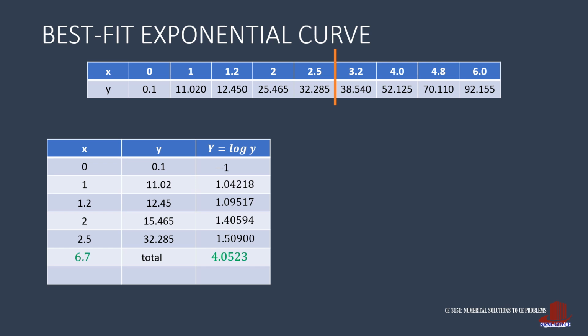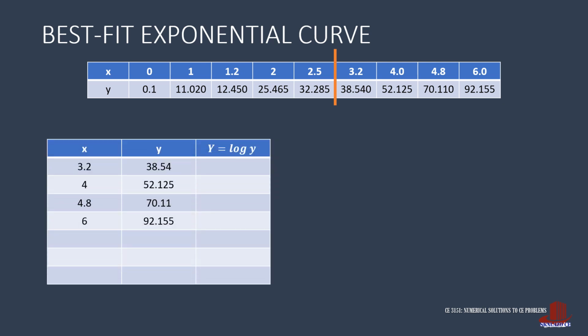The total of y is 4.0523. The average is then also taken where 6.7 over 5 is 1.34, and y average is taken as 0.81046. The first equation is then 0.81046 as equal to 1.34a plus b.